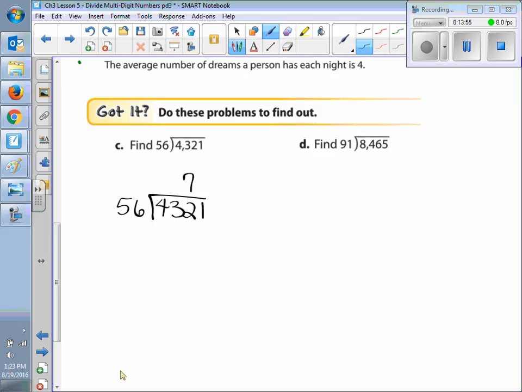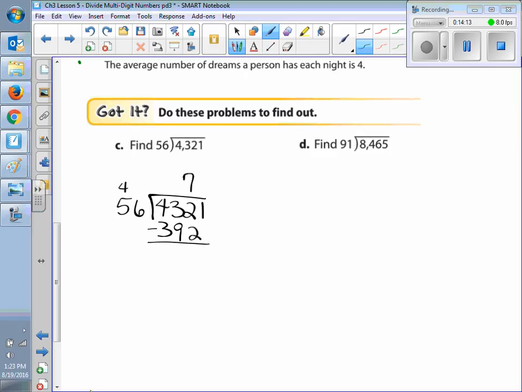All right. So, we're going to estimate 7. So now 7 times 6 is 42. Carry the 4. 7 times 5 is 35. Plus 4 is 39.